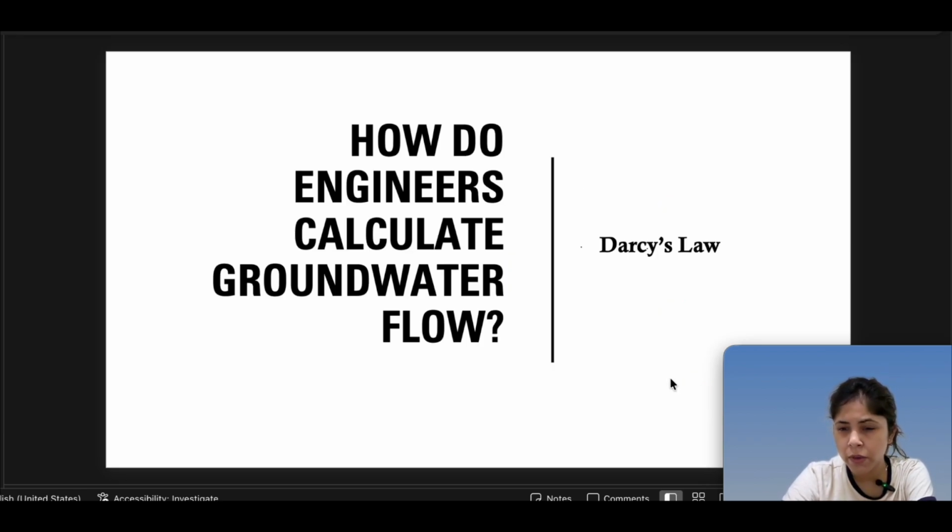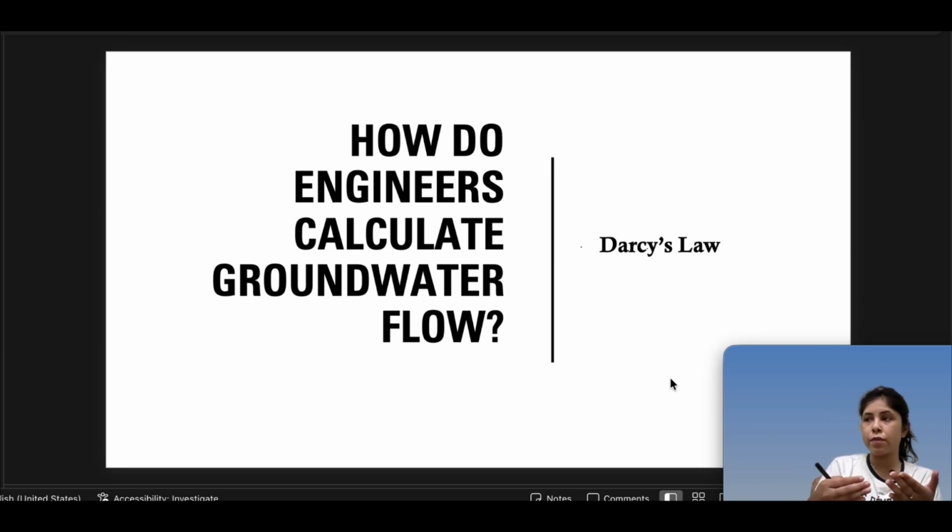So the question is, why do engineers calculate groundwater flow? We need to know how much flow rate there will be for water, and we need to calculate the level of energy we have to put in for the extraction of water, and what will be the cost of providing that energy.